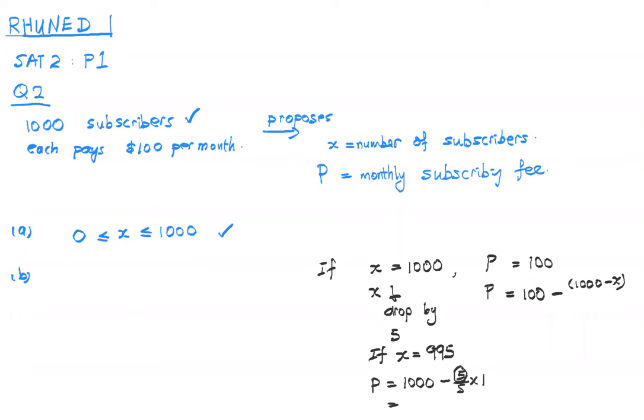So I take 1,000 minus X, divide by 5, then times 1, because every 5 drop, you increase by 1. So that will be the new monthly subscribing fee. That is how I get this formula.